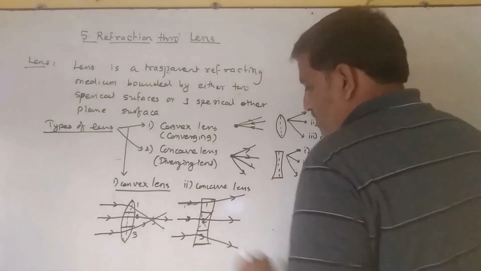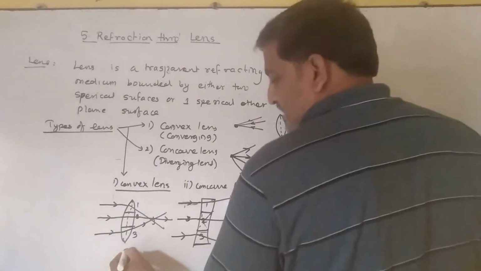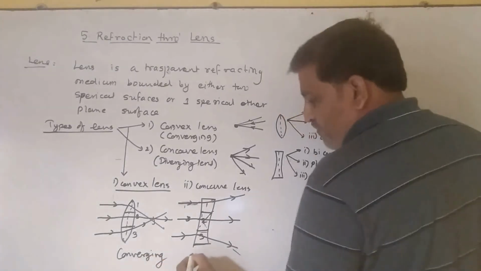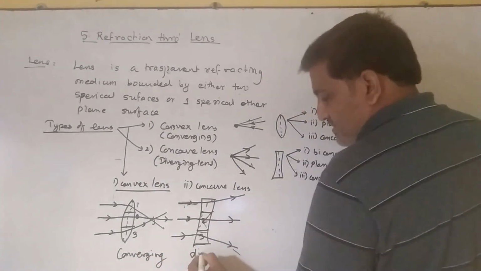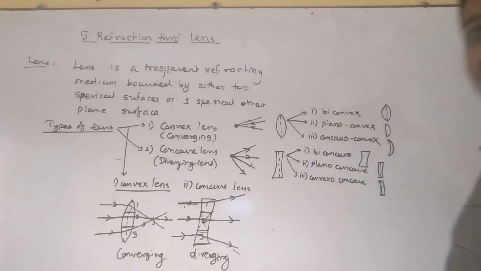Over here, toward the base, here also toward the base, which shows the convex lens as converging, and here we find the diverging action of the lens. So you have to keep this in mind.